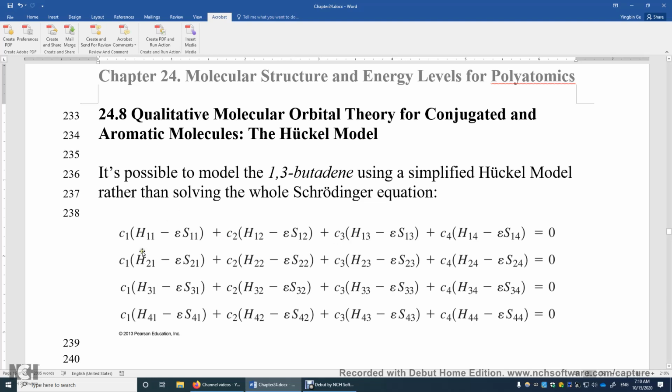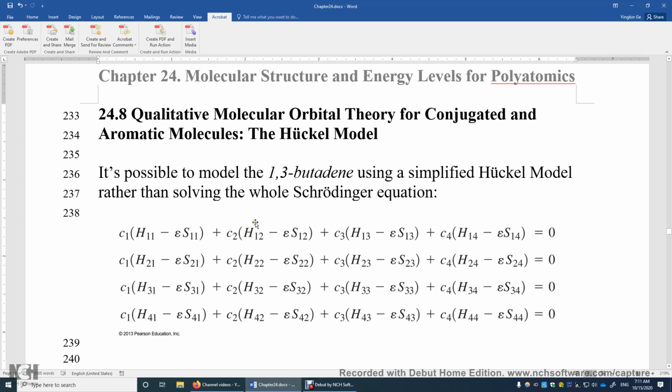The mathematical form of H11 is the integral of phi 1 times the Hamiltonian being applied to phi 1. All right? So phi 1 is simply the 2p orbital of a carbon atom. H12, it's called the resonance integral.